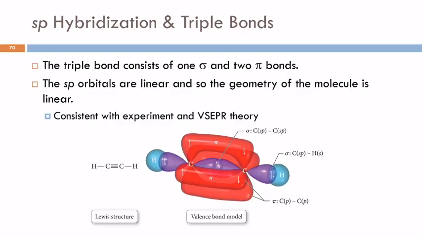But there were 2 unhybridized p orbitals that were half filled. So one of them is up and down on this carbon and up and down on that carbon, and so they can overlap side to side. So that's a pi bond between the p orbital on one carbon and a p orbital on another carbon.